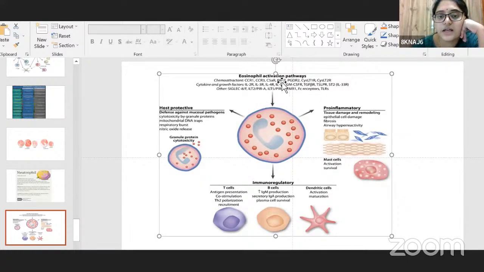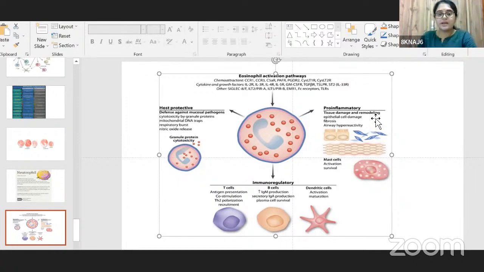All these activate the eosinophils, because of which it gives a defense against mucosal pathogens by releasing all the proteins, and it is pro-inflammatory, causing tissue damage and remodeling, because of which mast cells are activated. You also have the immunoregulatory function of the eosinophils, because of which T cells, B cells, and dendritic cells are also activated.